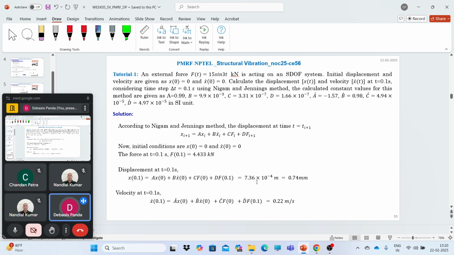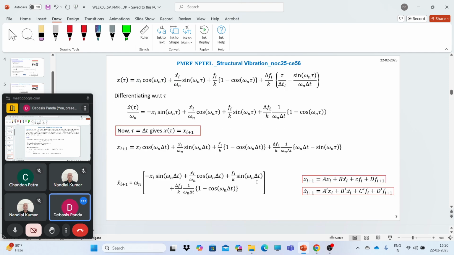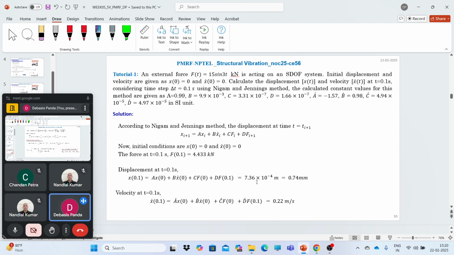Now how can we calculate the velocity? Recall, for the velocity the equation is straightforward. A prime, that constant, that term actually contains the information about the system. So a prime, b prime, c prime and d prime are already given here in your question.